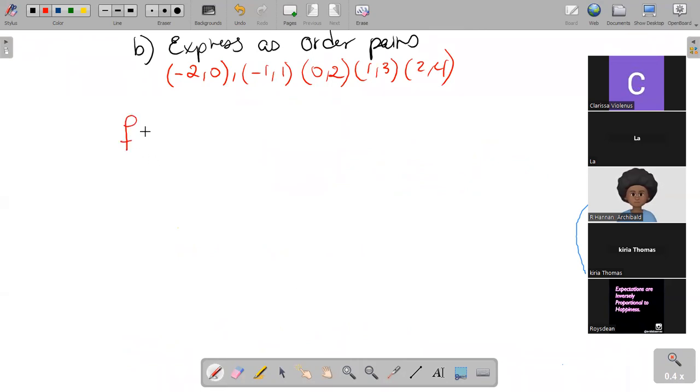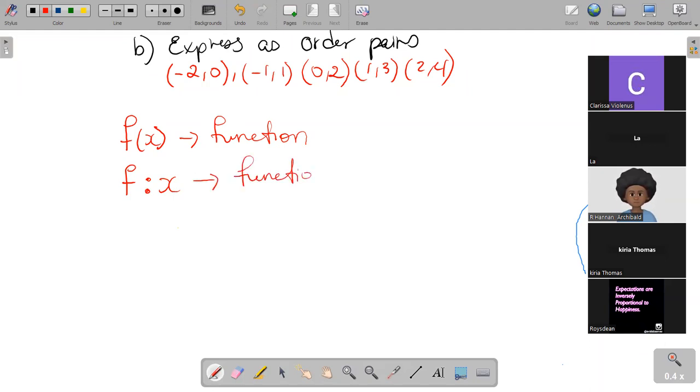F, which is now we're going into the functions part, F is equal to, or F of X, which represents the function. And another way of writing this is F(X). Sometimes CXC does use both, but both of them mean the same thing.